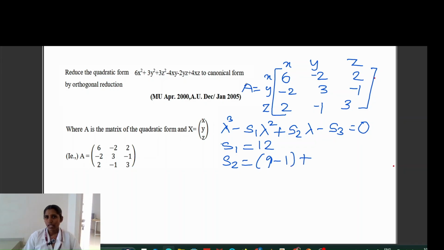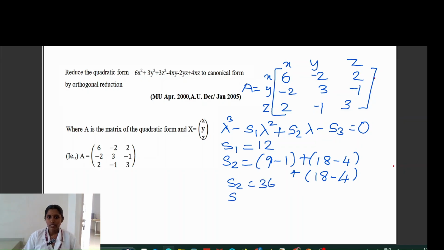Plus next diagonal element 3. Omitting row and column of 3, we get [6, 2; 2, 3]. 6 threes are 18, 2 twos are 4, so minus 4. Next diagonal element 3. Omitting row and column of 3, we get 6 threes are 18, 2 twos are 4. We get S2. That is S2 equal to 36.